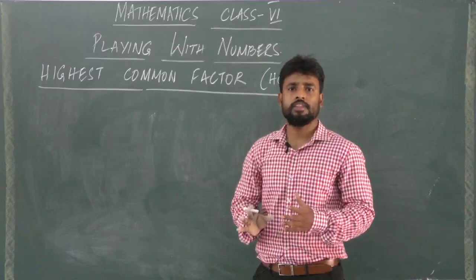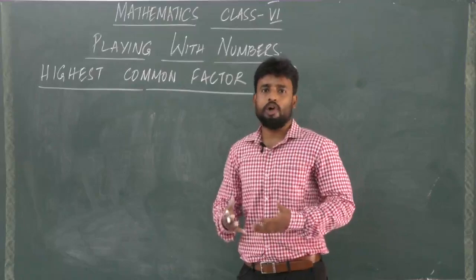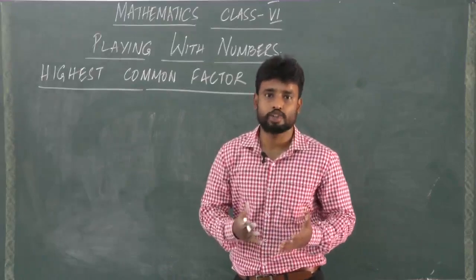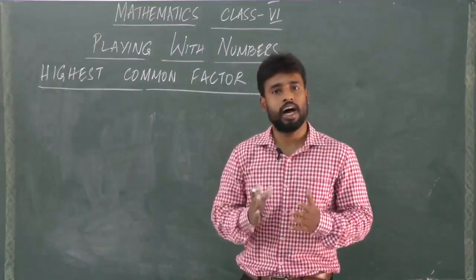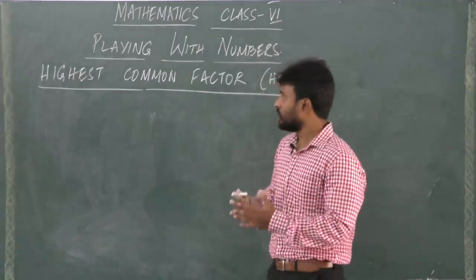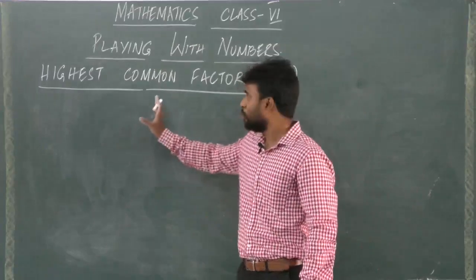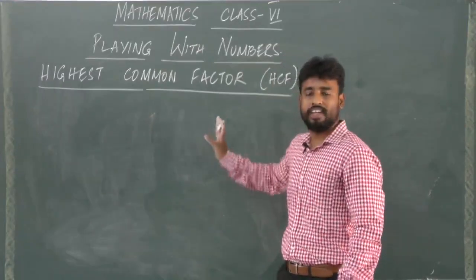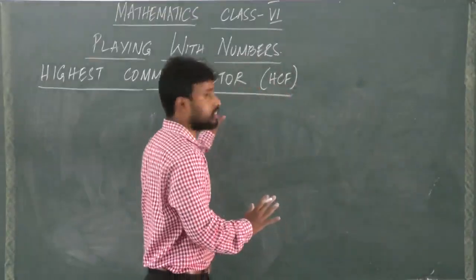In short, it is known as HCF. The other term for HCF is GCD, or greatest common divisor, but we basically know it as HCF, or highest common factor. Let us first understand this term. It contains three terms: highest, common and factor. So let us deal with it one by one. Let us deal with factor first.